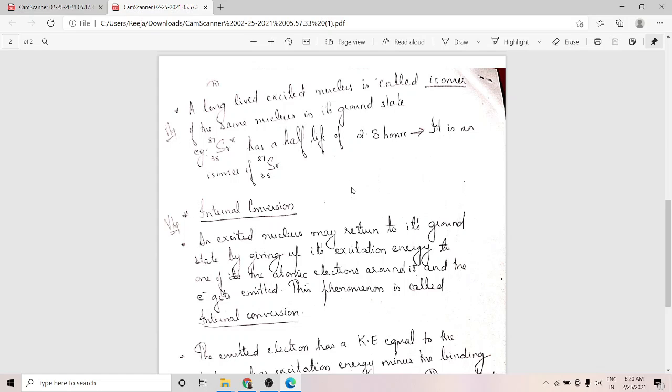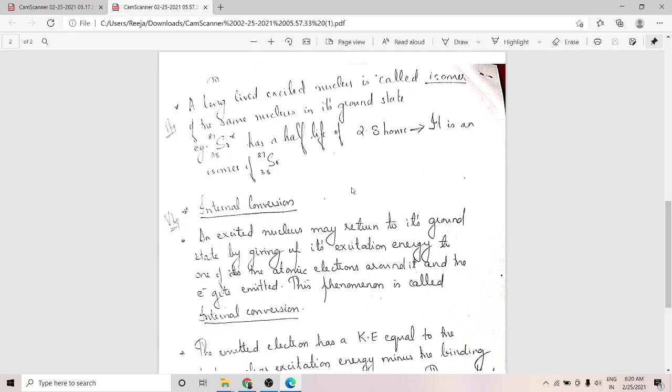This phenomenon is called internal conversion. I think you got it. A nucleus in the excited state returns to the ground state emitting a photon, and that photon of energy is given to one of the electrons in that atom, and the electron gets emitted in this process. This phenomenon is called internal conversion.